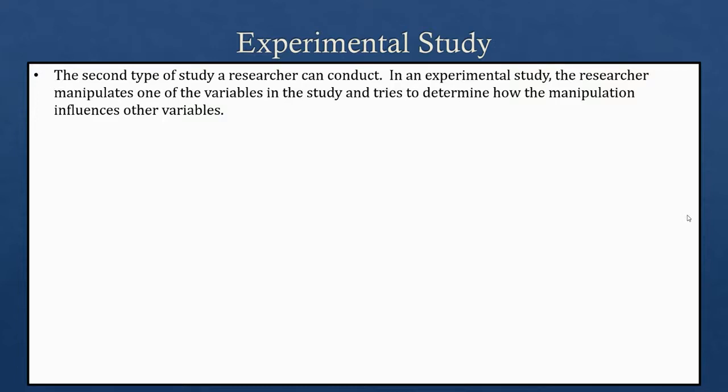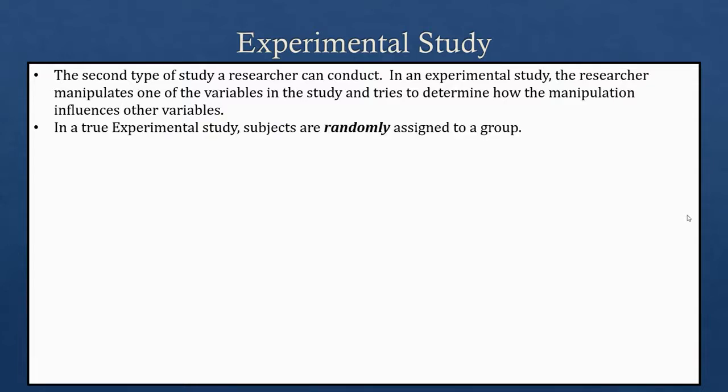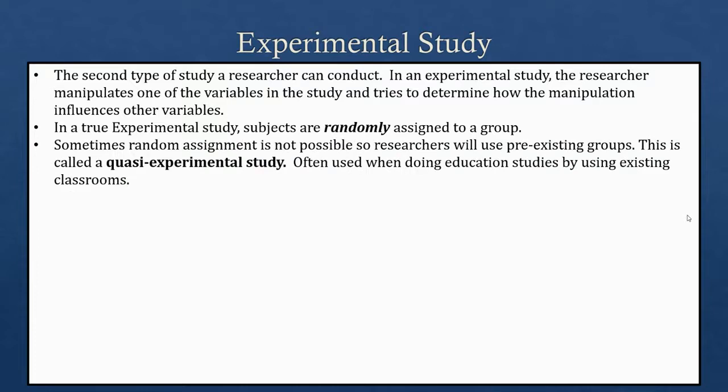We're going to change something about what someone does in a typical day, and then we're going to see, does that change influence some other variable's results in the way that I expect it to? Sometimes it won't, sometimes it will. In a true experimental study, subjects are randomly assigned to a group. So there's typically more than one group of subjects in an experimental study.